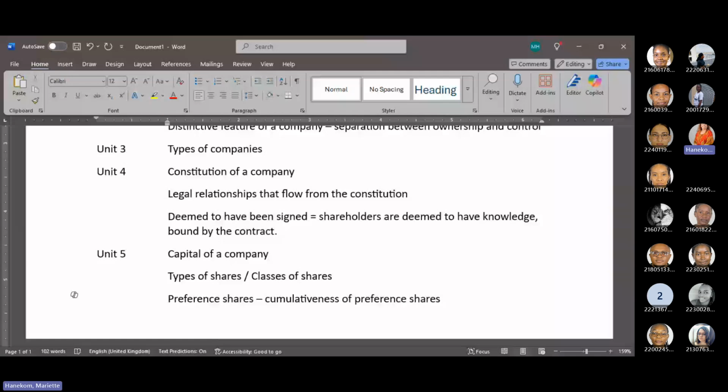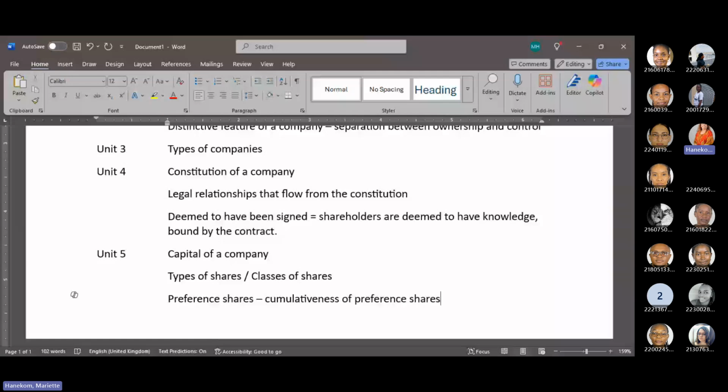Preference shares have a right to receive a dividend annually, but dividends are only paid if they have been declared by the board of directors. Shareholders can never force directors to declare a dividend. That remains a management prerogative.